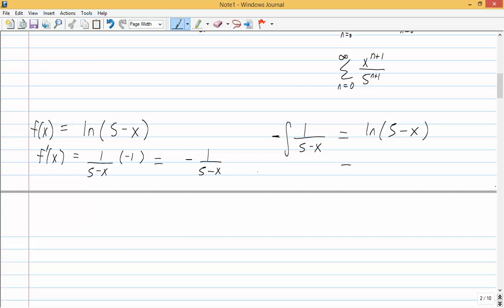So that was summation n equals 0 to infinity of x to the n over 5 to the n plus 1.